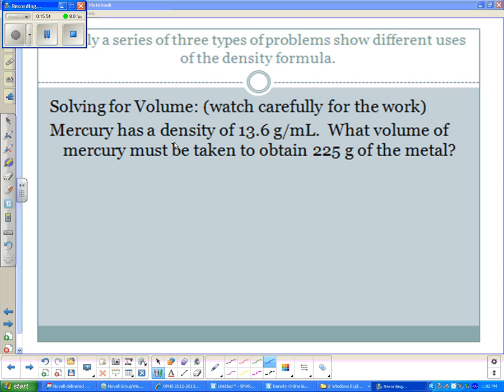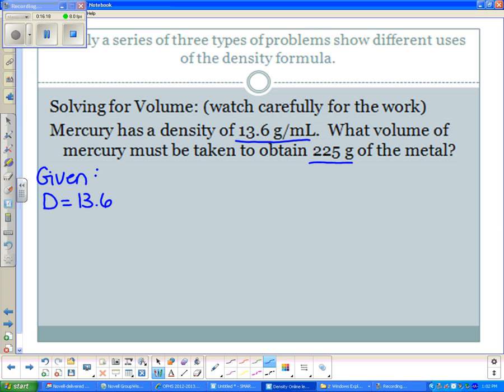Did you figure out what your givens are? We have 13.6 grams per milliliter, and we have 225 grams. So for our given, we'll write, this is in grams per milliliter, so that is our density. Remember last time that's what we were solving for.